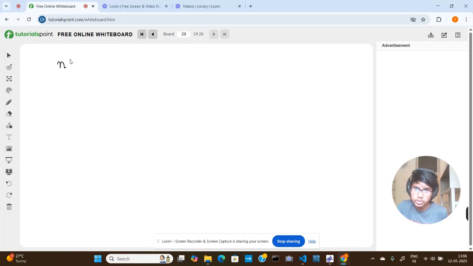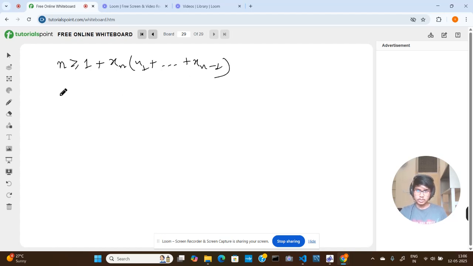Let's write everything again. What we have is that n is greater than or equal to 1 plus xn times (x1 plus so on up to xn minus 1). For now, let's call x1 plus so on up to xn minus 1 equal to a, and xn equal to b.